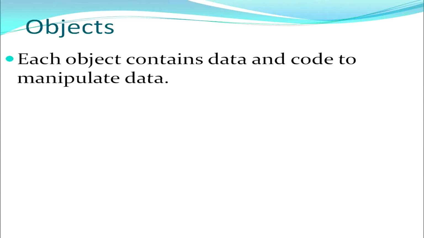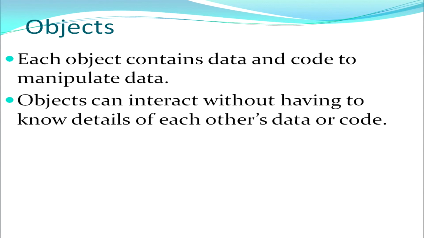When I talk about code here, I am talking about functions that are defined in that particular class which the object can use. Data can be accessed only and only by those functions of the class. Objects can interact without having to know details of each other's data or code. That is the essence of OOPS.